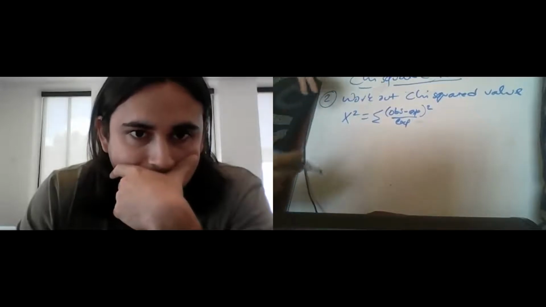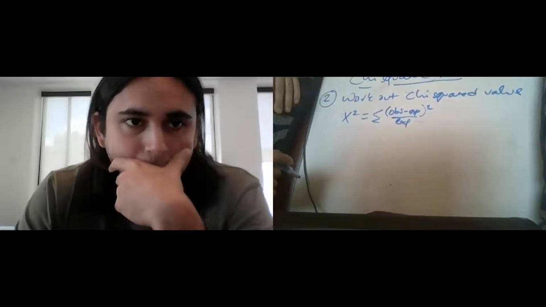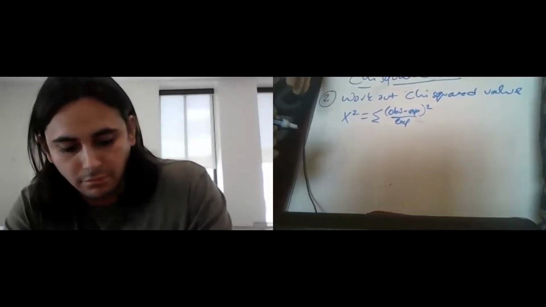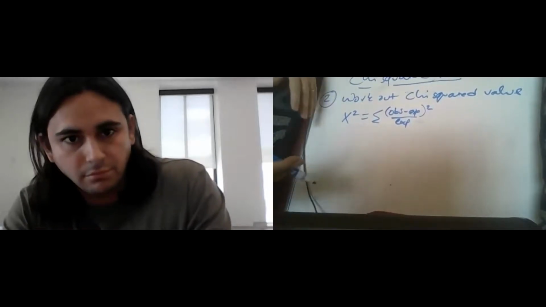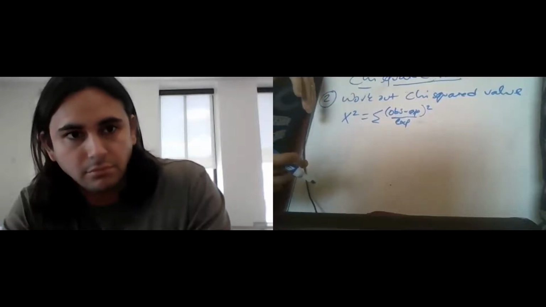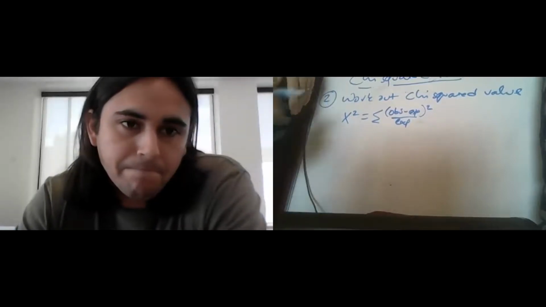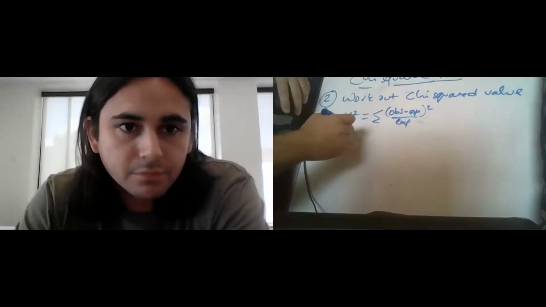So we didn't get exactly what we expect, which should be 50-50. Now what we want to know is that difference between what we observed and what we expect, is that of any interest? Is it meaningful? That's what this is going to tell us.